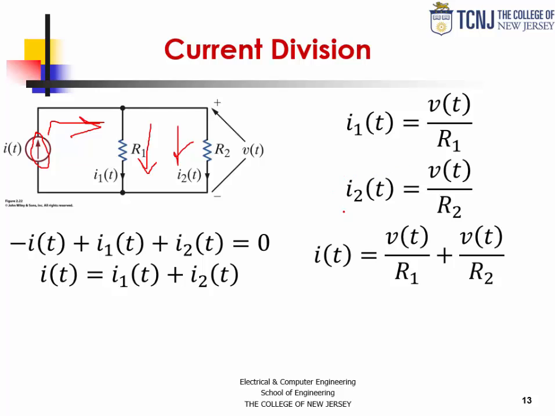And I can write the same thing for resistor number 2. So current 2 is going to be equal to the voltage divided by the resistance. Then I can substitute these quantities in this equation, and I can say that the total current is going to be equal to the voltage divided by resistor 1 plus the voltage divided by resistor 2.